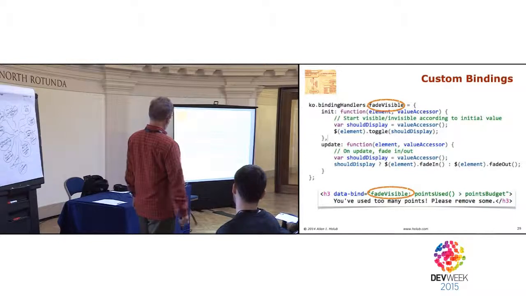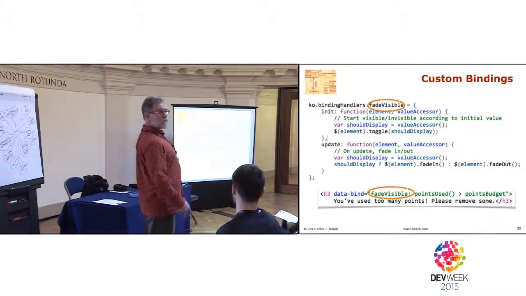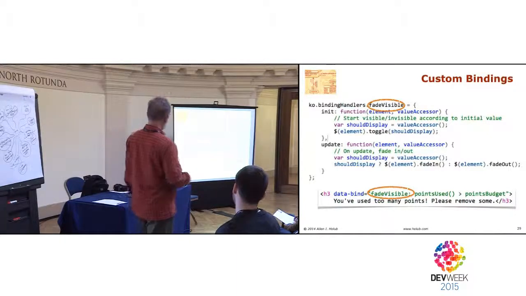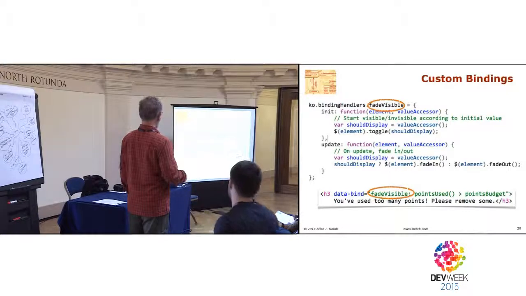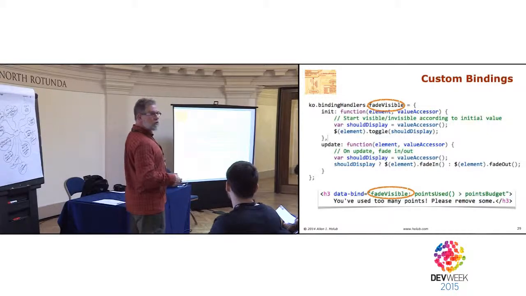And then finally, it's possible to make custom bindings if you want to. You can invent your own bindings. Here I've made a fade visible binding. This fade visible binding is going to execute this code as a side effect of whatever the update would be, and it's going to execute this code exactly once when the bound element is initially bound.